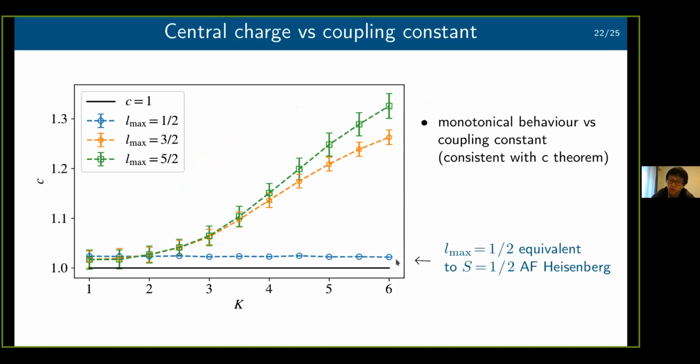And this horizontal line here is attributed to the fact that L max equal to 1/2 is actually not very effective, because it directly reduces this model to a spin 1/2 Heisenberg model.